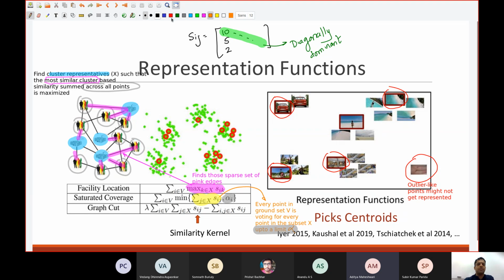The part in yellow is modular, but this part makes it submodular. Is it clear?